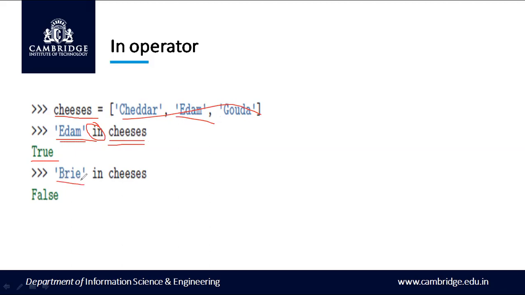The in operator checks whether Brie is present in cheeses. It returns false because Brie is not present in the list of cheeses. So this is the demonstration of the in Boolean operator. If that particular item is present in the list, it returns true. Otherwise, it returns false.